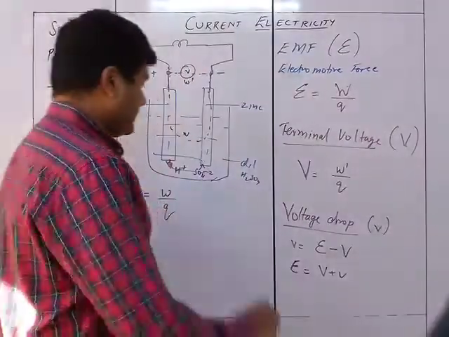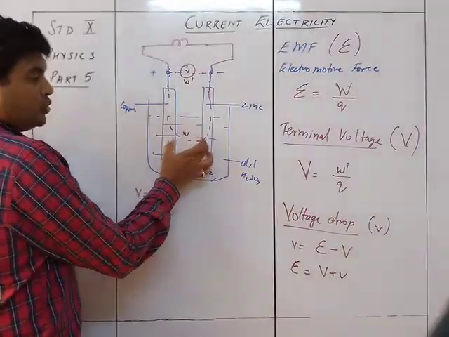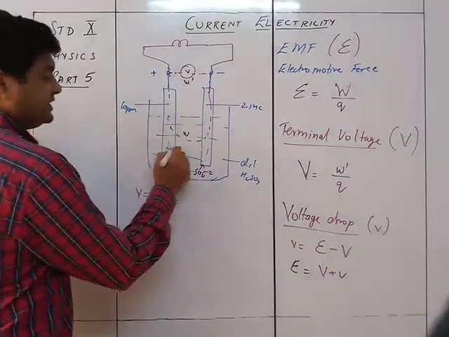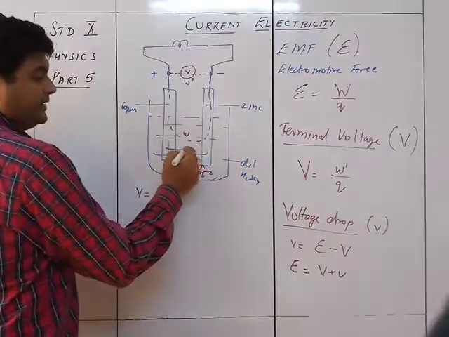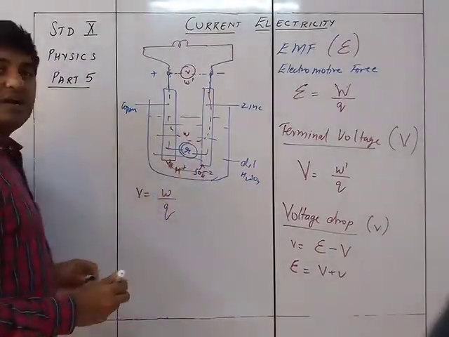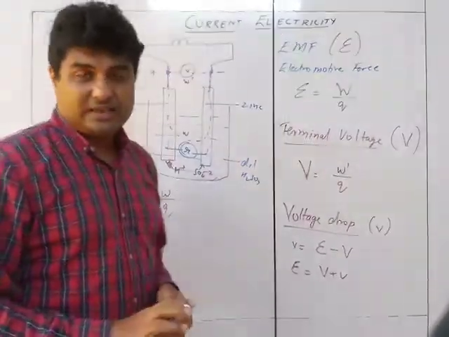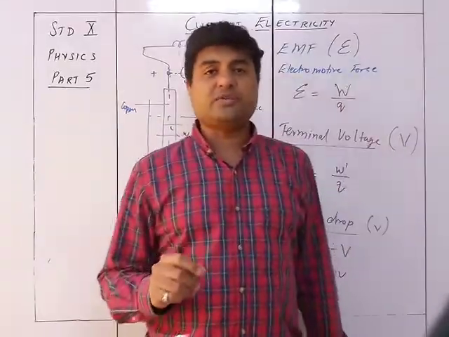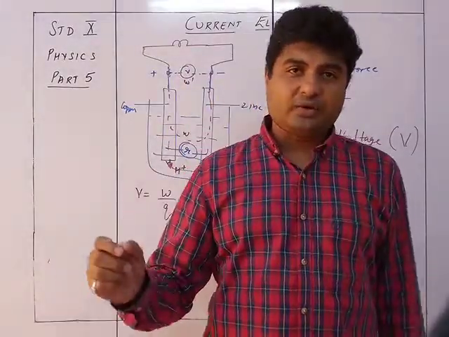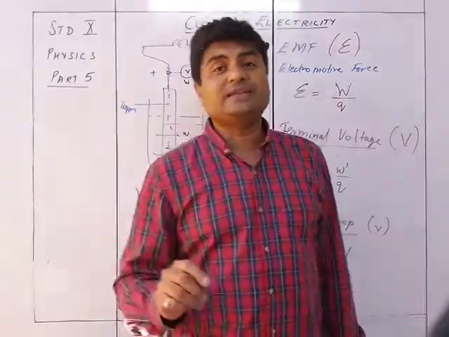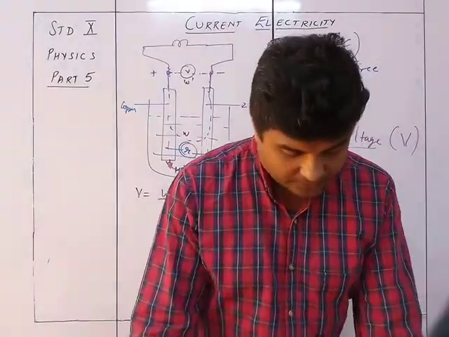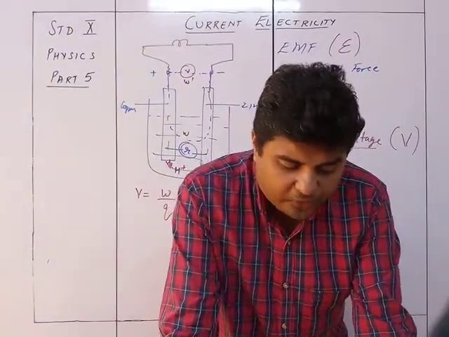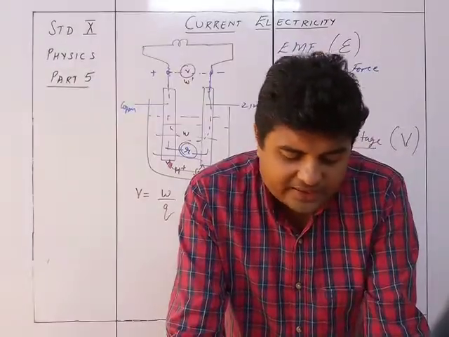So here, between these two electrodes, whatever resistance there is between them is called the internal resistance of the cell. The resistance offered by the electrolyte for the passage of current from one electrode to another is called the internal resistance of the cell.